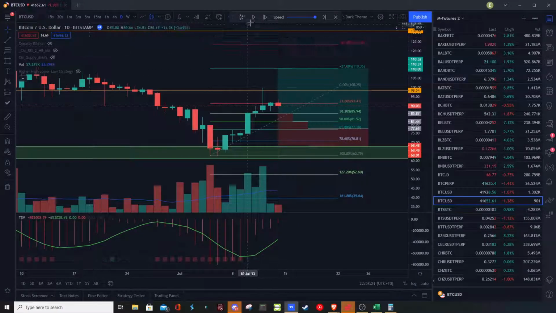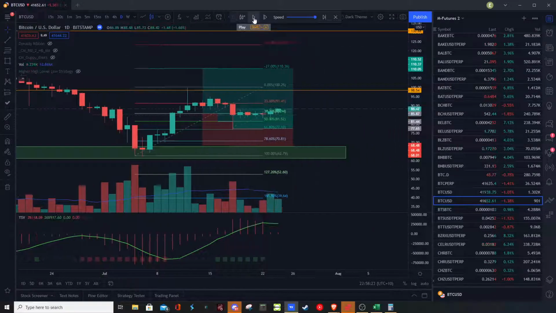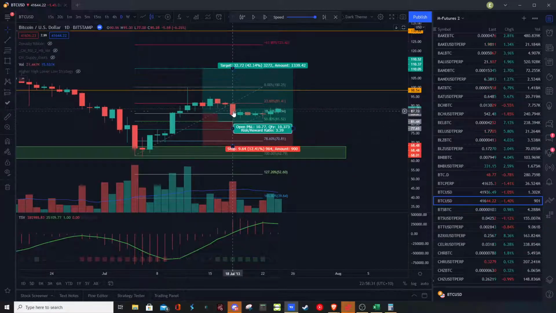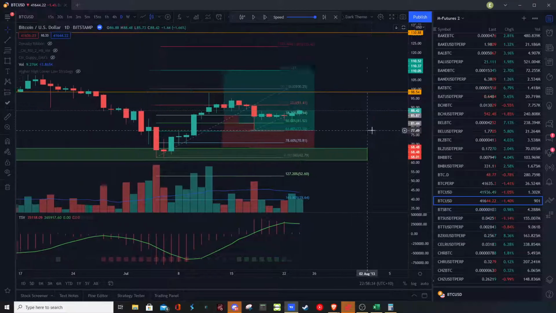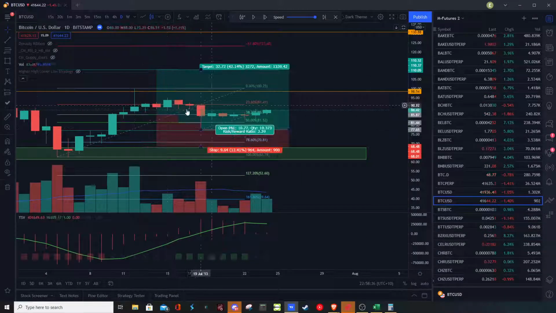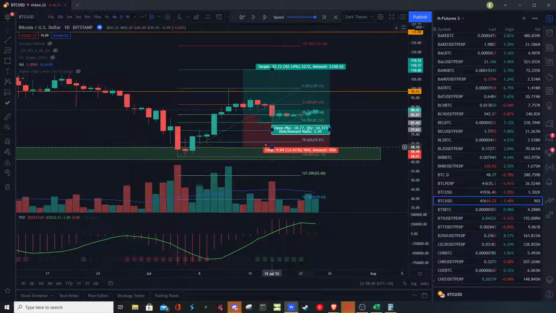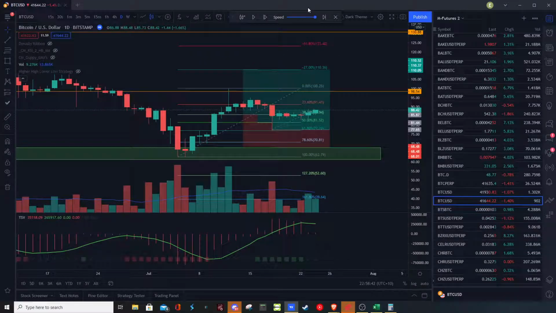Okay. Alright, so now price comes up, enters the first, hits down, enters the second, and hits down and enters the third. So now we have a full $100 trade on, with the same amount of risk, 1%.